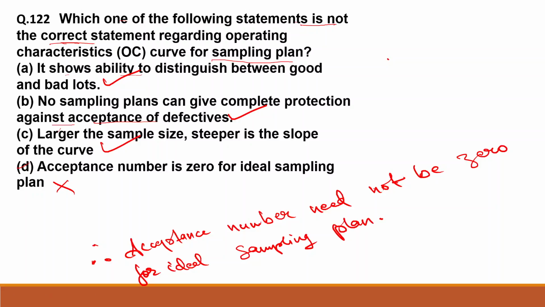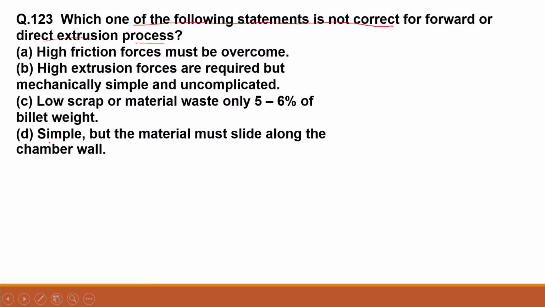Just I will write here the right point: acceptance number need not be 0 for ideal sampling plan. Option D is wrong, so our answer will be D option. Moving for the next question, which one of the following statements is not correct for forward or direct extrusion process?